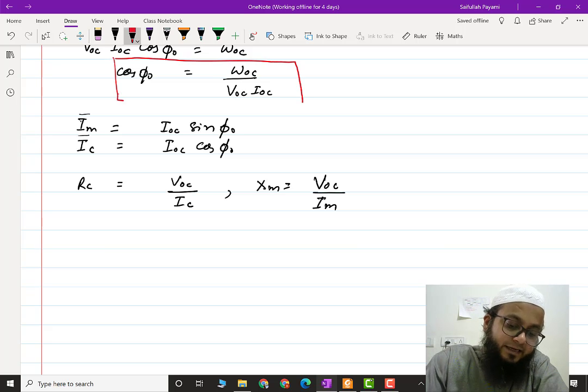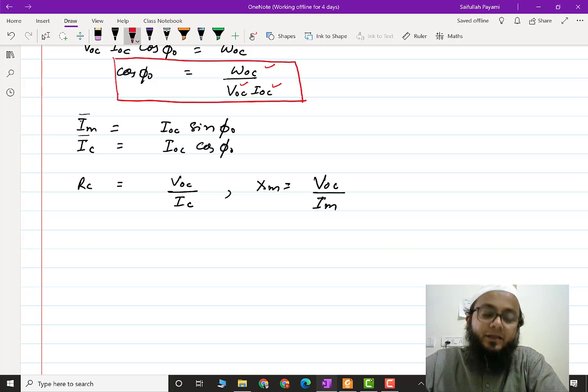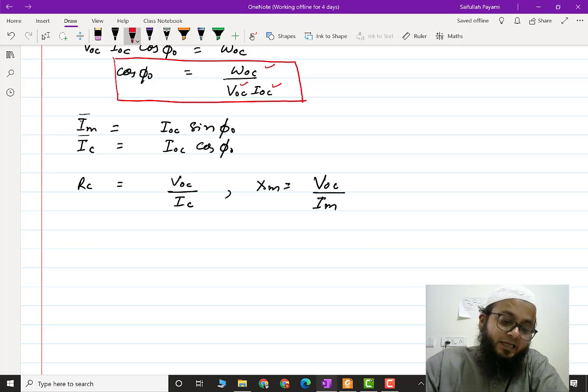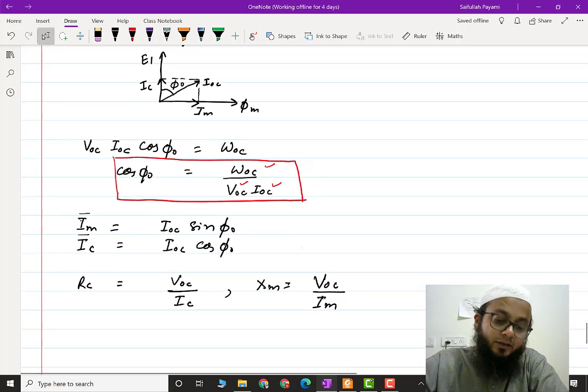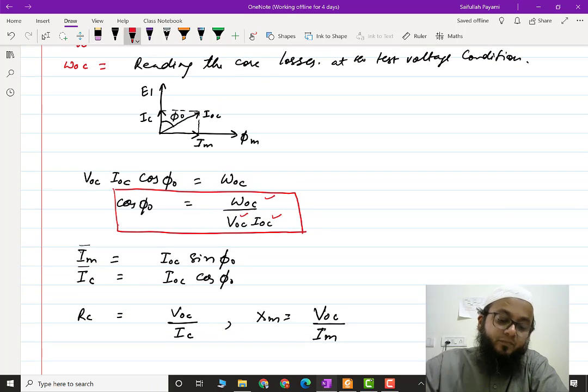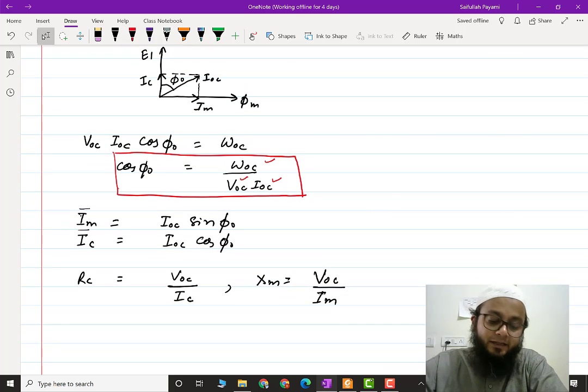We have these three readings: WOC is the wattmeter reading, VOC is the voltmeter reading, and IOC is the ammeter reading. With these readings, I can calculate the no load power factor cos phi naught, and we can find the magnetizing current Im and IC.